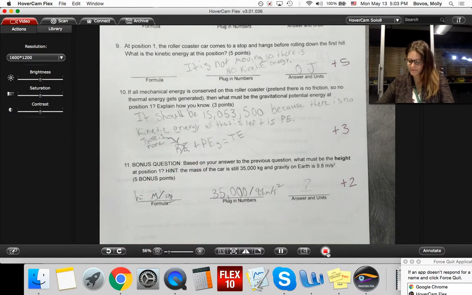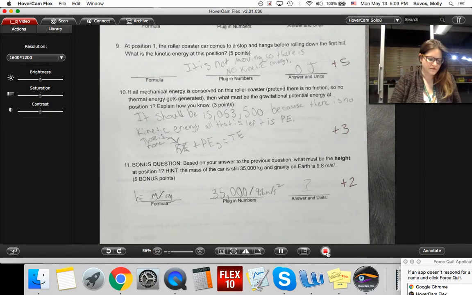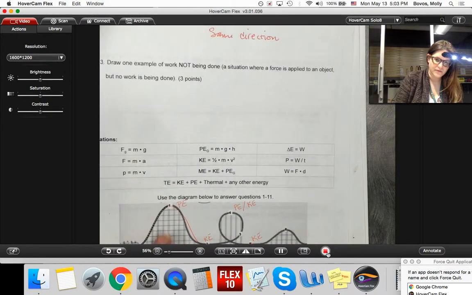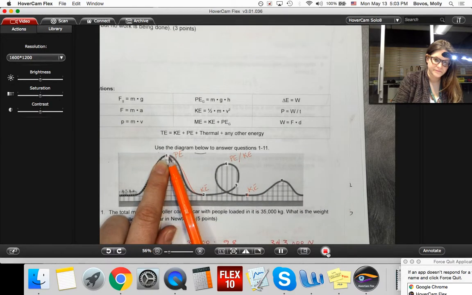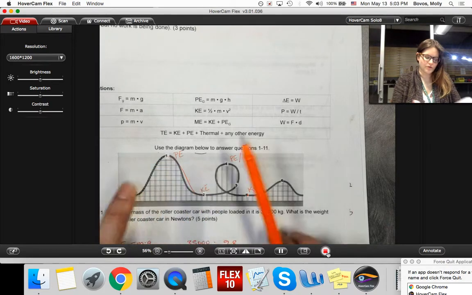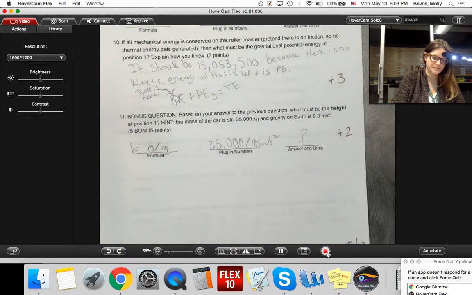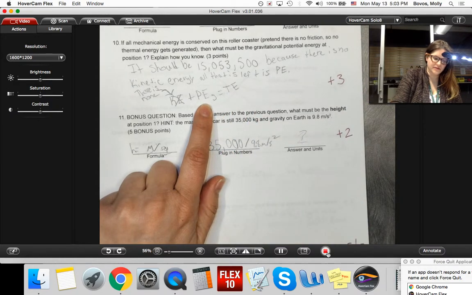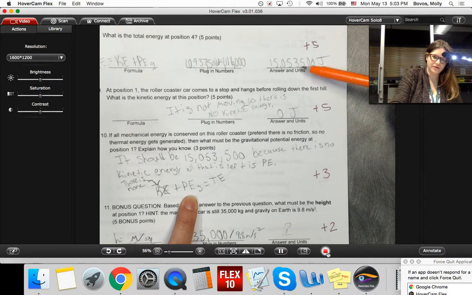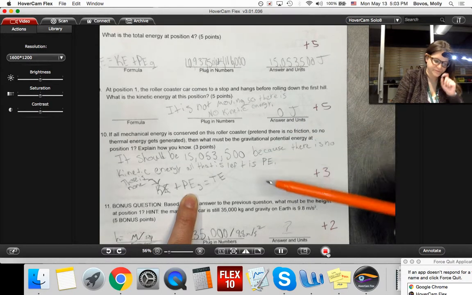Because at position 1, right here, we're saying that that roller coaster is at rest at the top of this hill. And so if there's no kinetic energy, then the total energy has to just be potential. And so it would have to match the answer that we have for our total energy right up here. It would have to be the exact same value, which they've written in.